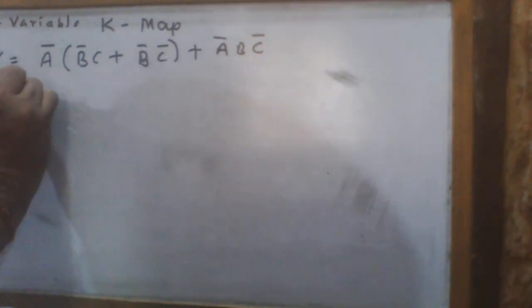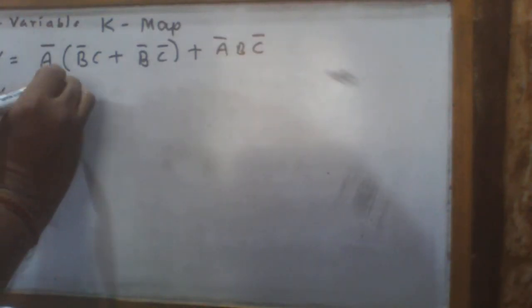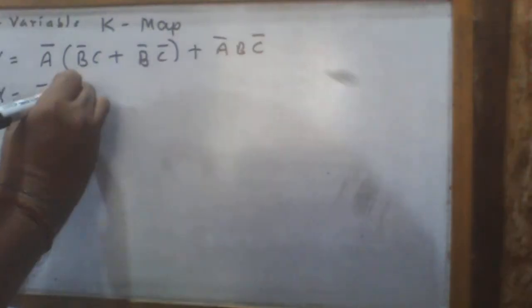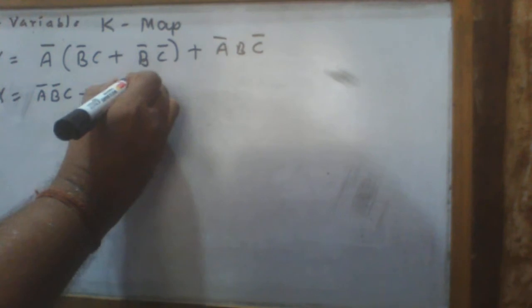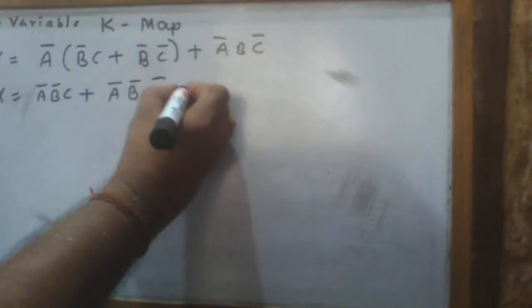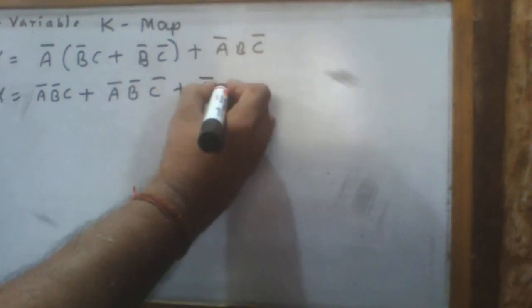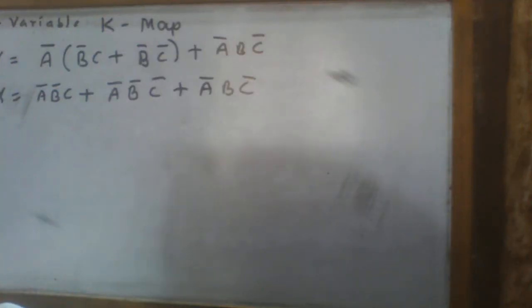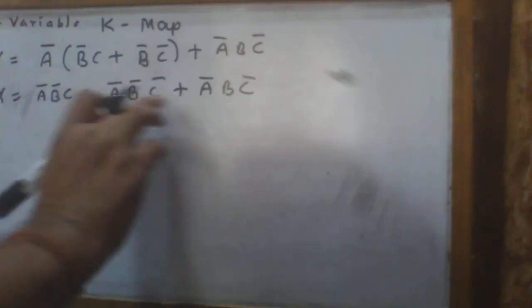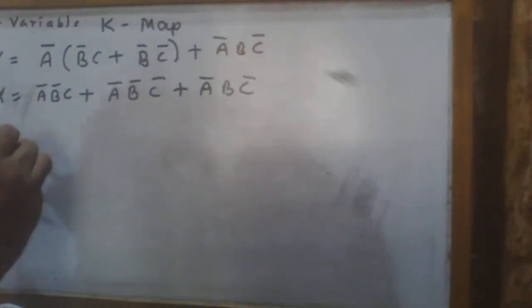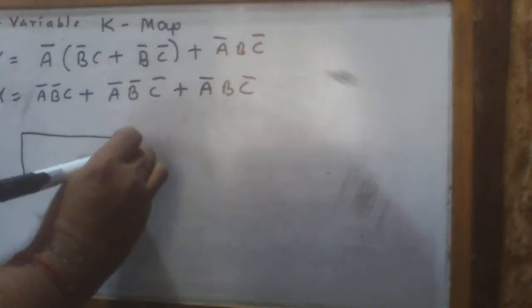Y is equal to A bar B bar C plus A bar B bar C bar plus A bar B C bar. Now I will write the terms available in this equation in the form of a K-map. I will plot the K-map.